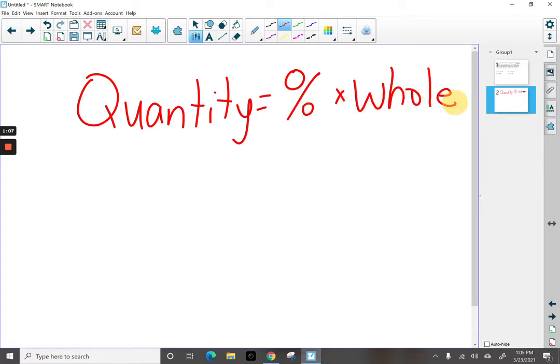In this equation, our percent is labeled as a decimal or fraction. You're going to see me write it as a decimal. I believe it's much easier to type in your calculator and get the answer than if we used a fraction. Fractions are oftentimes, especially on phone calculators, very difficult to type in.